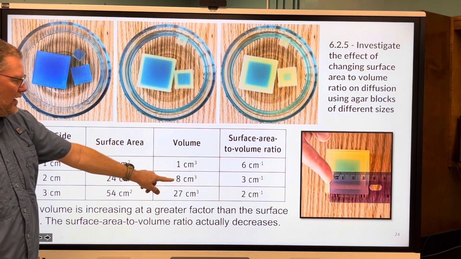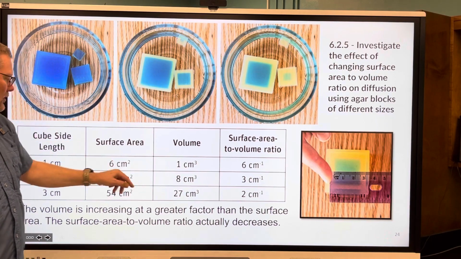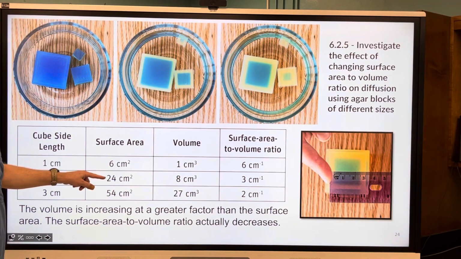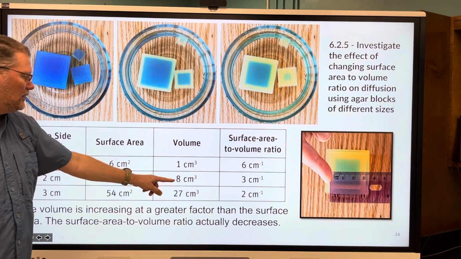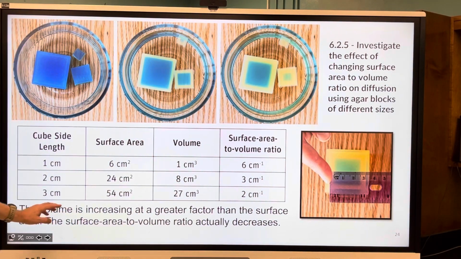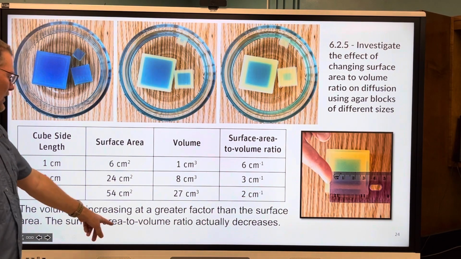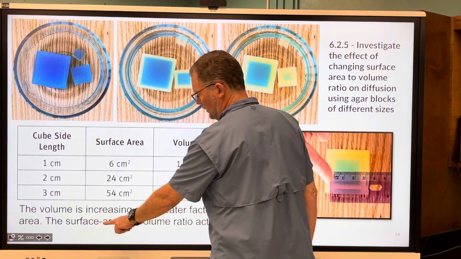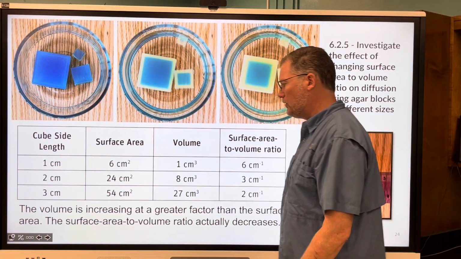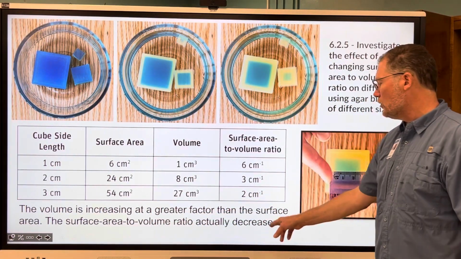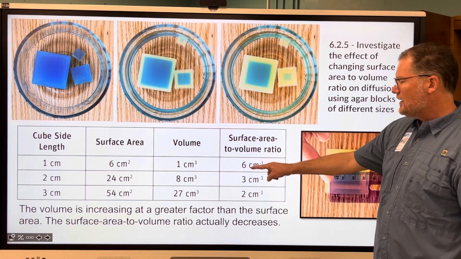But this is an 8-fold increase. This is only a 4-fold increase. And then a 2-fold increase, 3-fold increase. So again, the volume is increasing at a greater factor than the surface area. There should not be a hyphen there at surface area to volume ratio, I don't think. The surface area to volume ratio actually goes down.